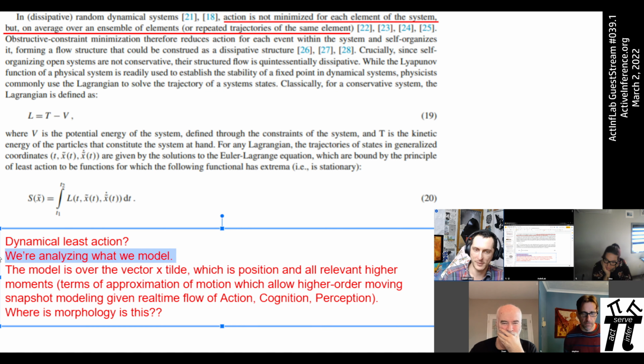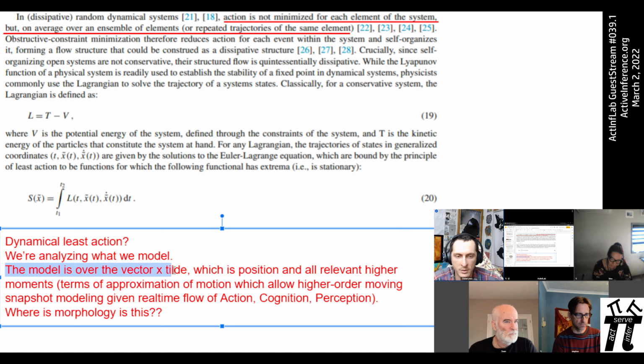Okay. So first, a hopefully non-contentious point: we're analyzing what we model. We can only ask the computer to calculate the numbers that we ask it to model and add. We can't expect something that goes truly beyond that. Not to say that the models can't have surprising outputs or interactions, but we can't have it go beyond what we specify. And the model is over x tilde, which is the generalized coordinates of motion, which is the position and all of the higher derivatives, the whole integrator chain.